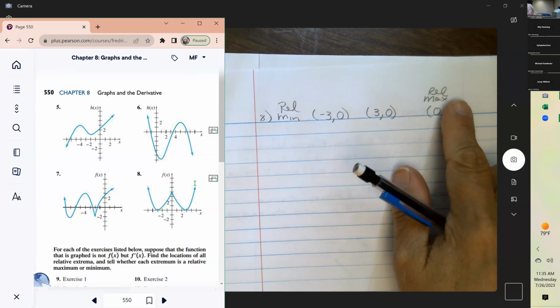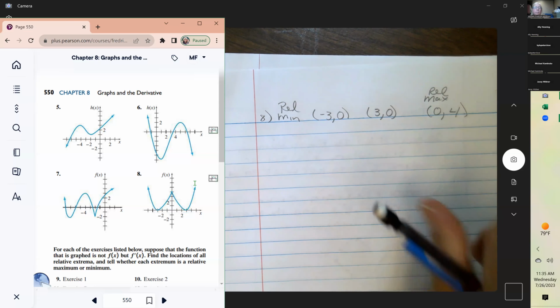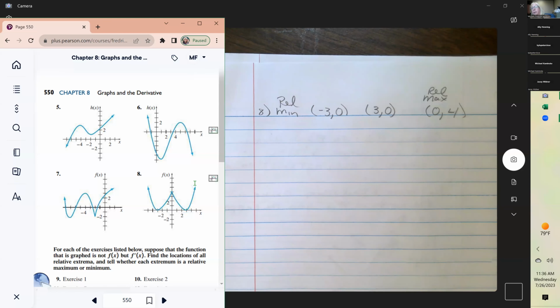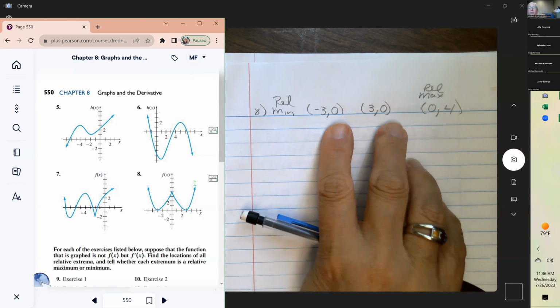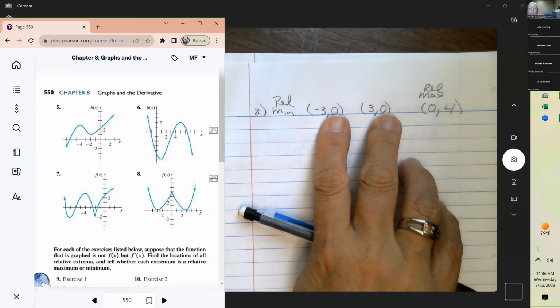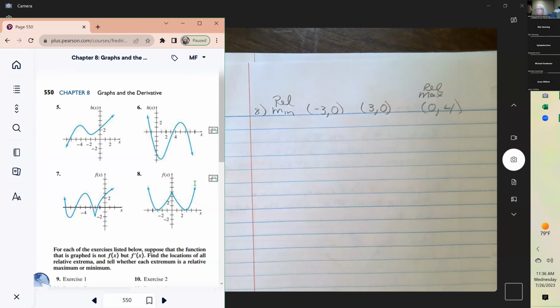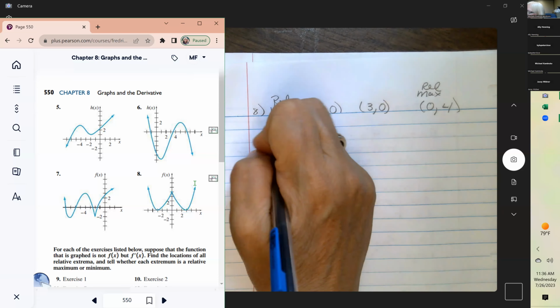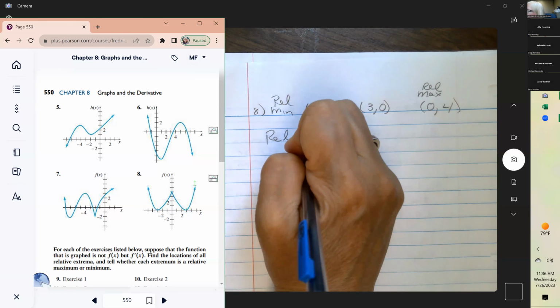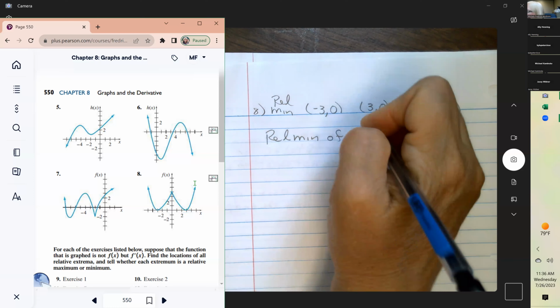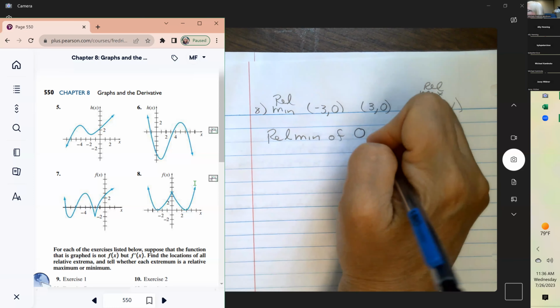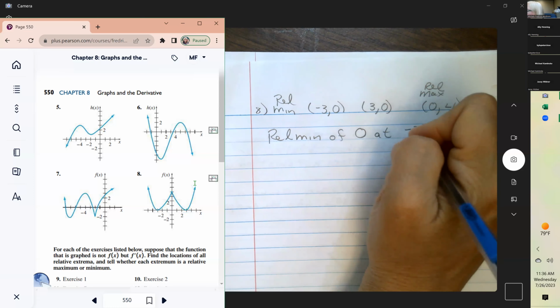And then the max 0, 4. When you have two max or mins where the y values are the same, you can combine them. There's a relative min of 0 at -3 and 3.